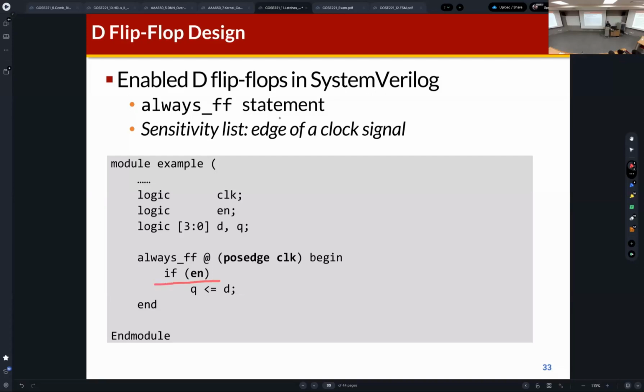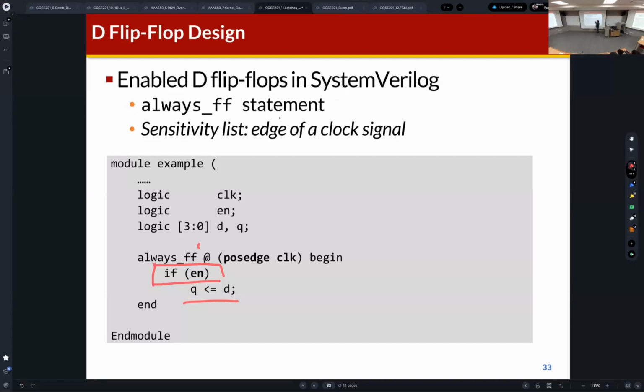Actually, only this part is inserted: if enable is equal to 1, because it's true, then Q becomes D. We can also observe the sensitivity list of the always statement, like posedge, which means that this statement is only activated at the rising edge of the clock.